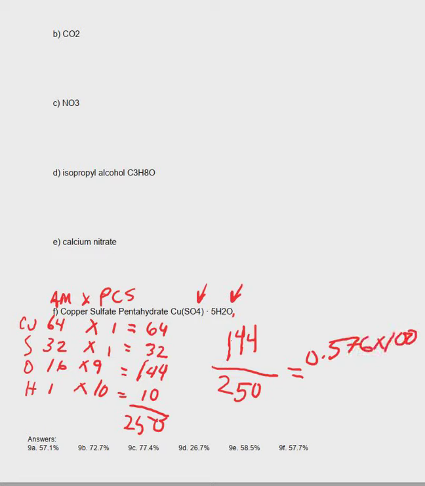And that gives us 57.6. Okay, so that's our percentage. And if we look at F, we have 9F, and there's our answer.